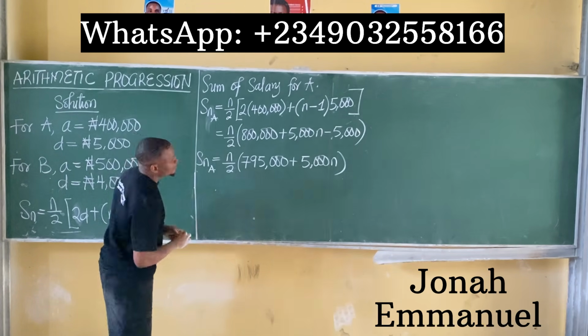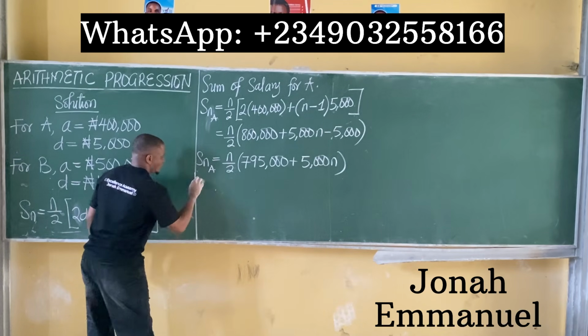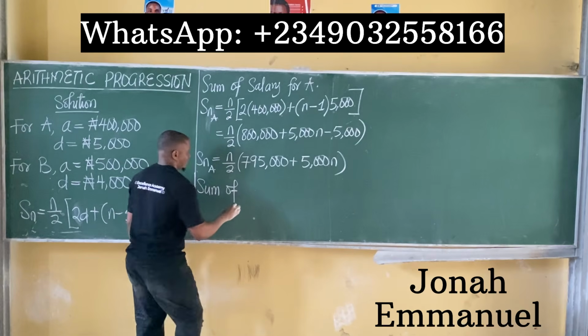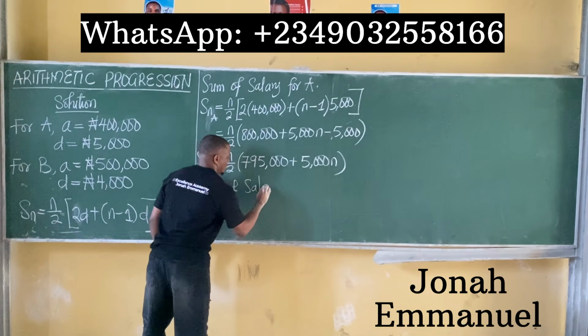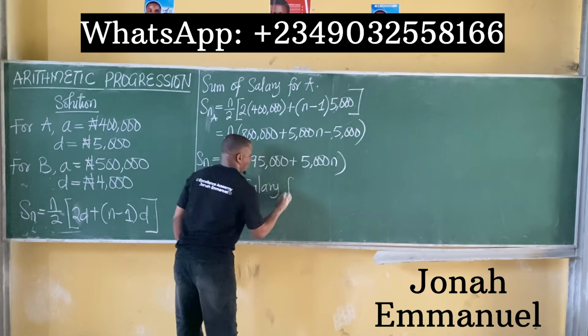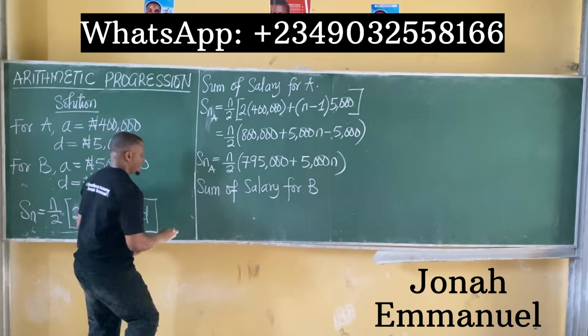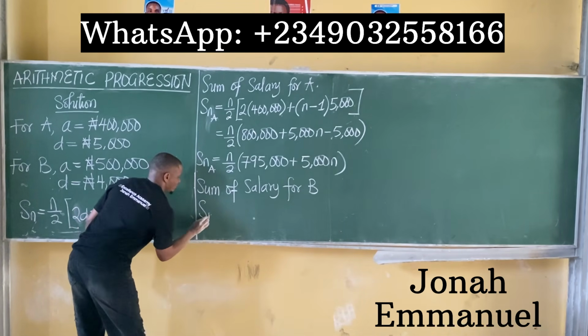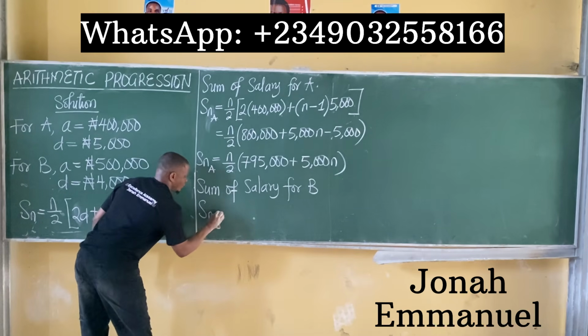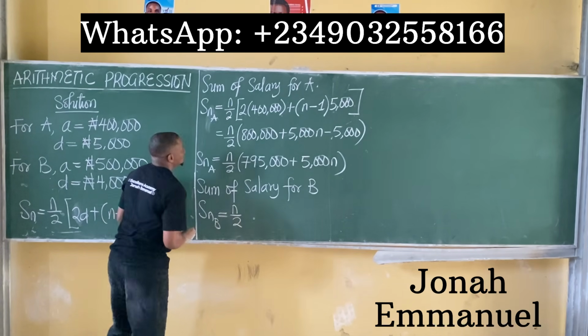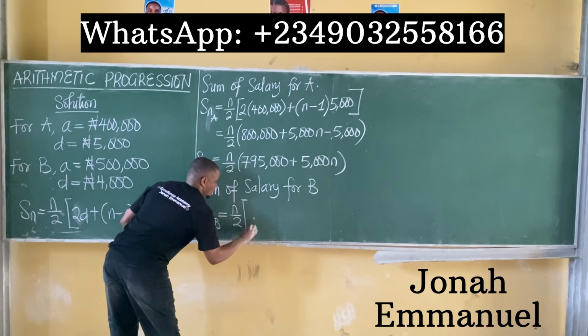Let's go for B. The sum of the salary for B. Sn of B is equal to n over 2 into 2 times a.